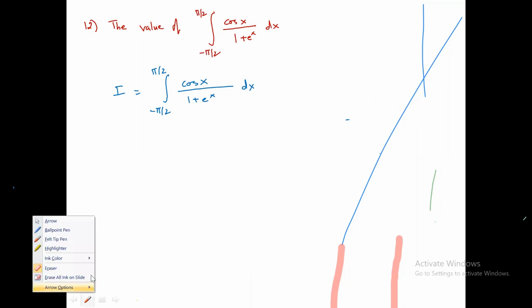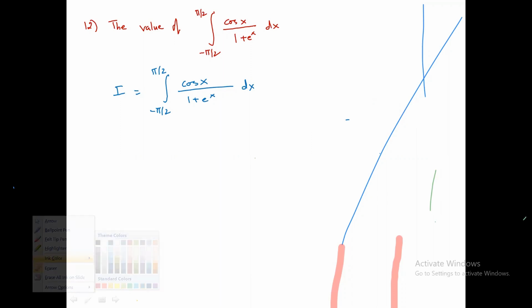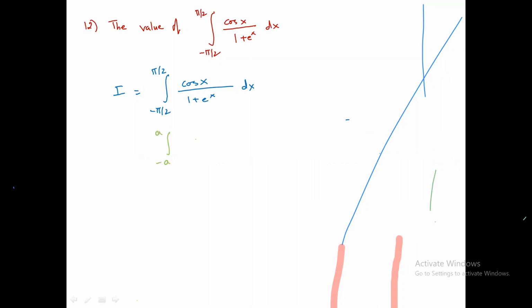Now next, which is the formula which I can use here? Integral minus a to a f of x dx. How can I write this? Any idea? Is there any formula for this? I can keep minus a to a the same.